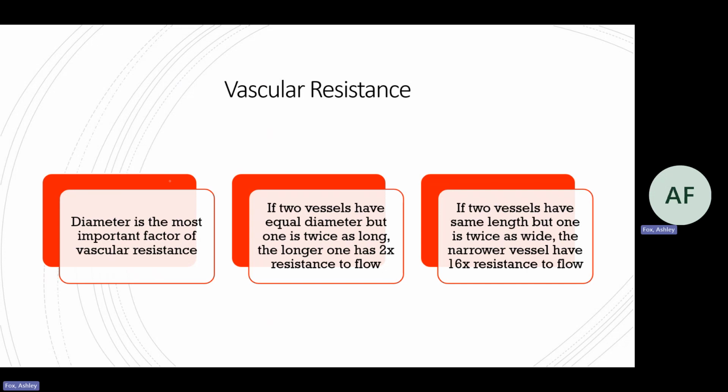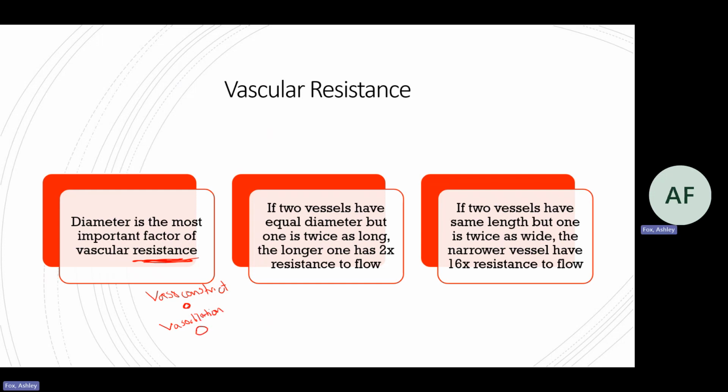Diameter again is the most important part of vascular resistance, and this is something we change all the time. We have the terms vasoconstriction, where we're making the diameter of the blood vessel smaller with the smooth muscles contracting, especially in the arteries, versus vasodilation, where we're making that diameter larger.